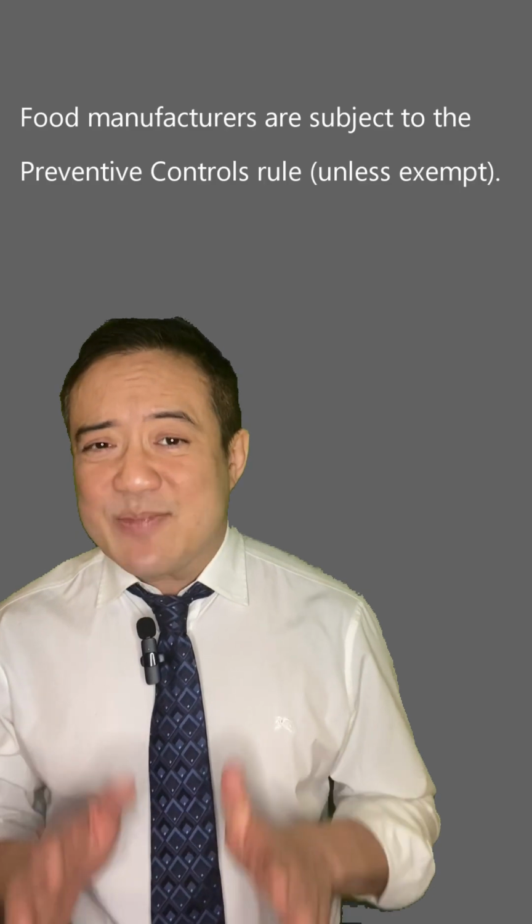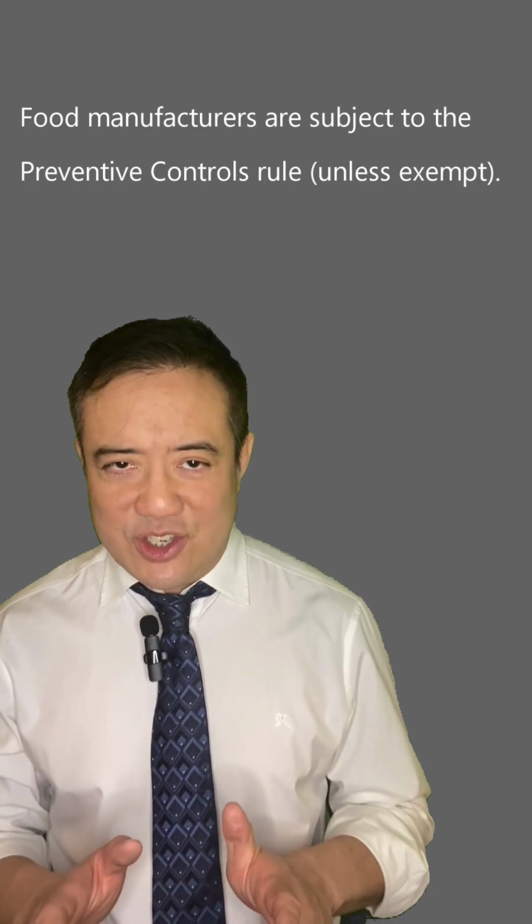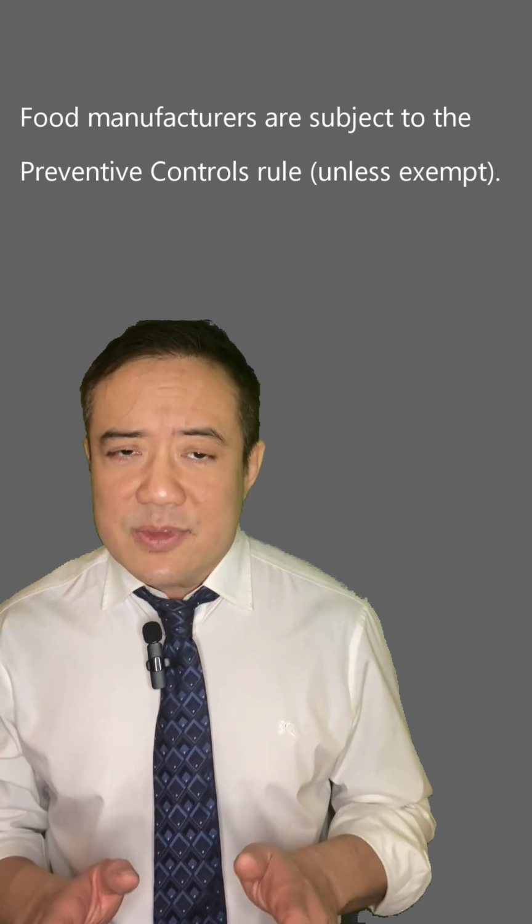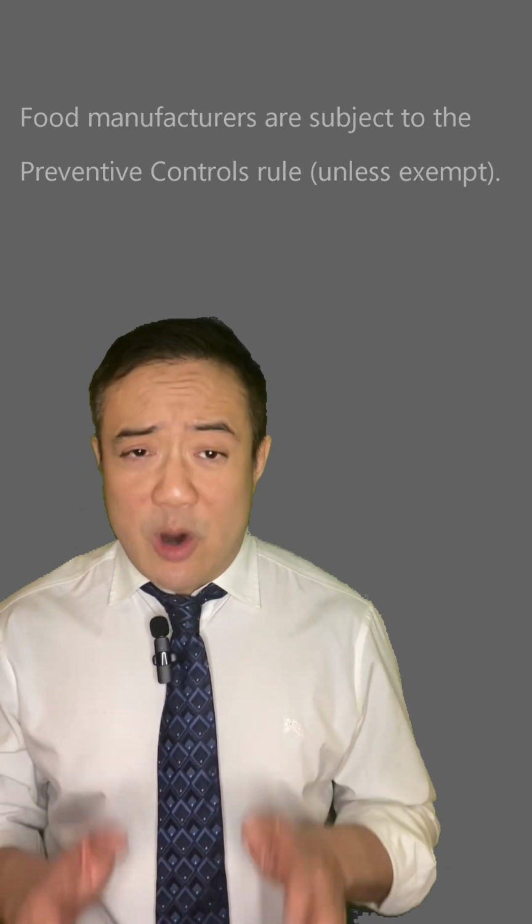So again, the FSVP is the responsibility of the company in the U.S. that imports the foods, not the foreign manufacturer. The manufacturer, on the other hand, is responsible for complying with FDA's preventive controls regulation to ensure their food products are safe for consumption. We'll discuss that requirement more in a separate video, but just remember the FSVP, again, is the responsibility of the U.S. importer.